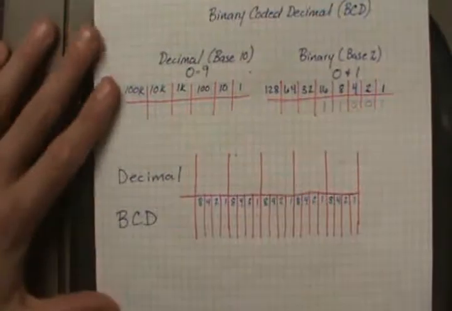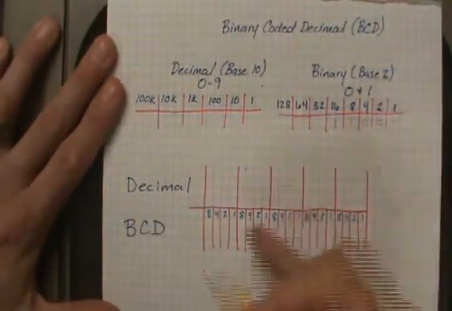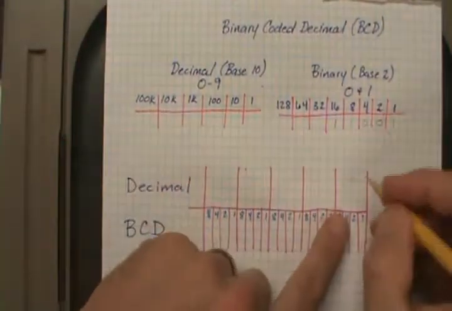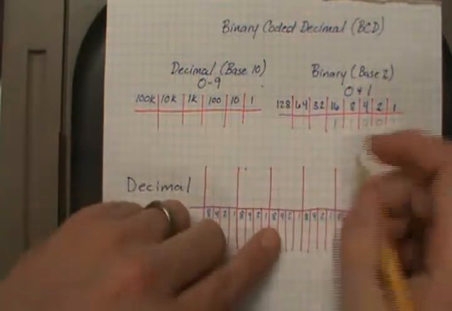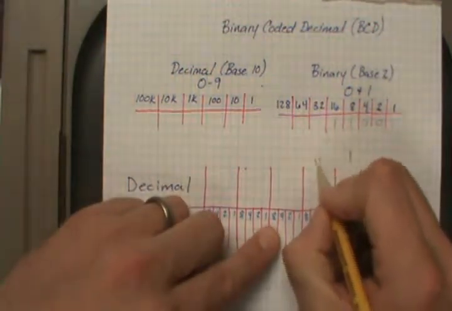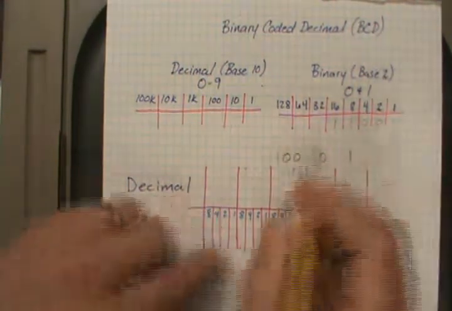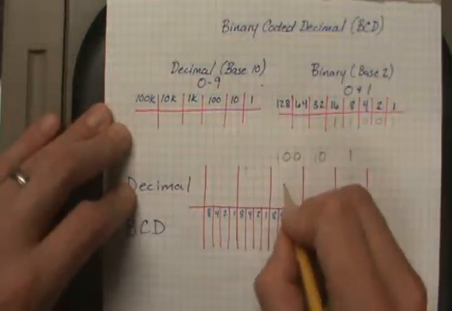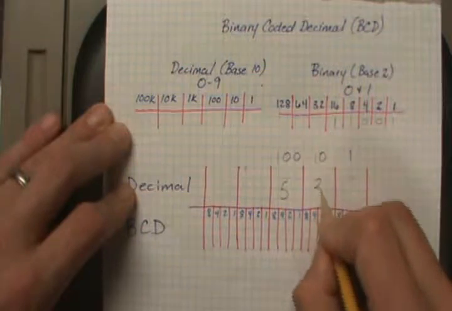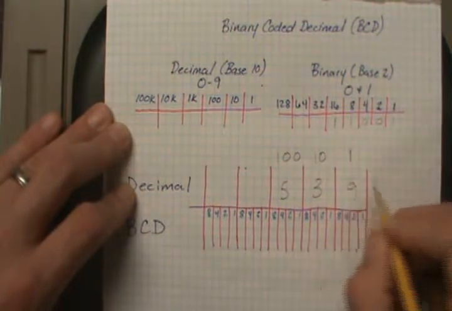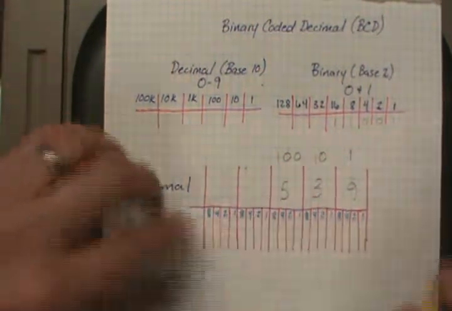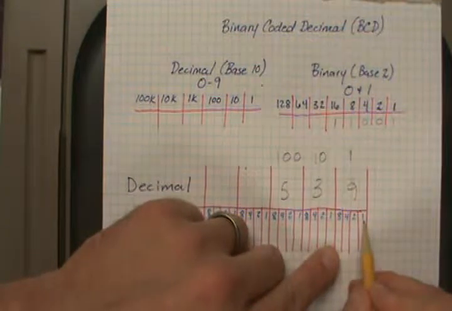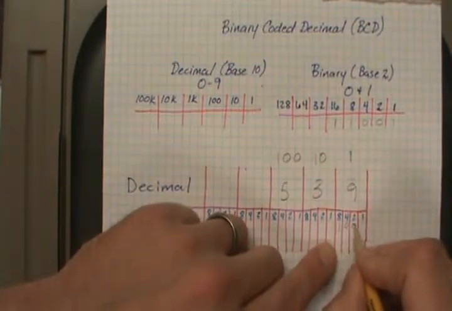We'll do another quick example. Let's move it over into decimal form, where we know we've got the ones, the tens, the hundreds, etc. as we move through. Let's give ourselves 539. The way we're going to represent this is we're just going to craft with the first 4 bits: a 9 is 1, 0, 0, 1.